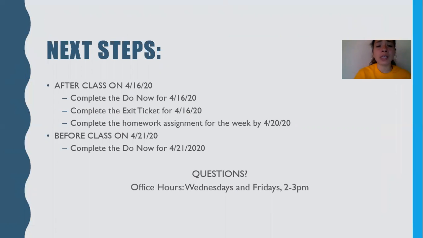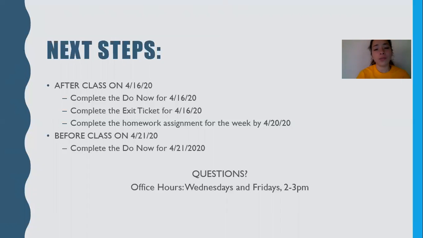There are quite a few assignments that should have been done by now, but if you didn't get a chance, go back and find those assignments. And then we have exit tickets as well. So complete the exit ticket for today. And then you also have an assignment for this week.